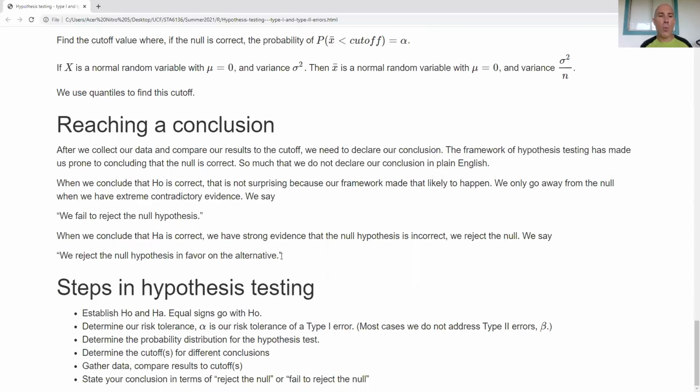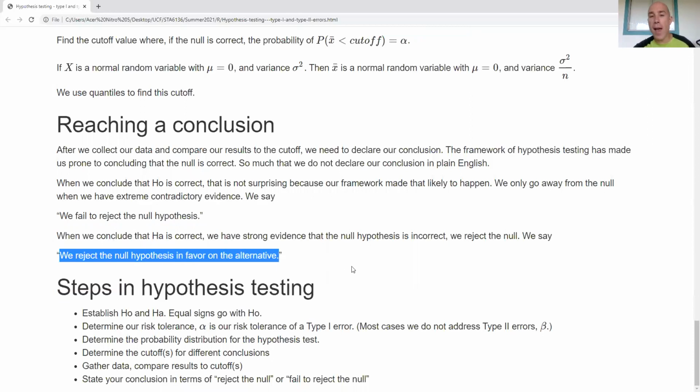So we don't say we go with the null hypothesis, we say we fail to reject it. Basically I'm saying we did not see extreme contradictory evidence when I say we fail to reject the null hypothesis.